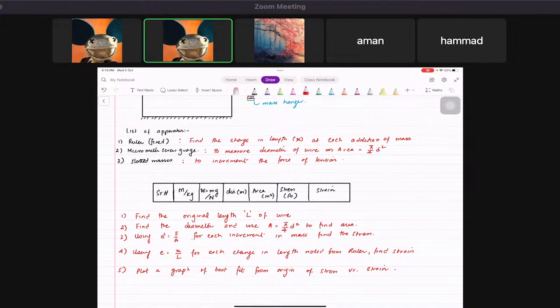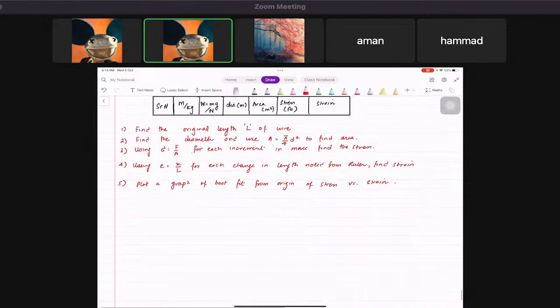When you look at the stress and strain graph, you have stress on this side in pascals, and strain on this side, no units really.